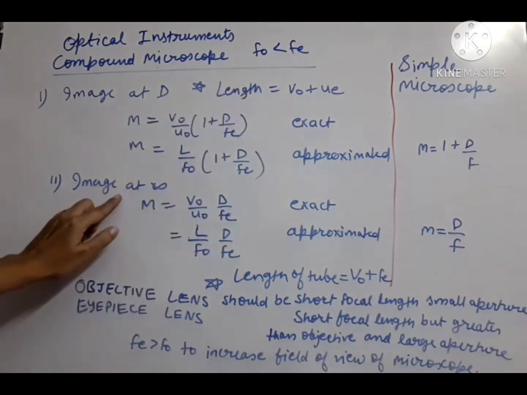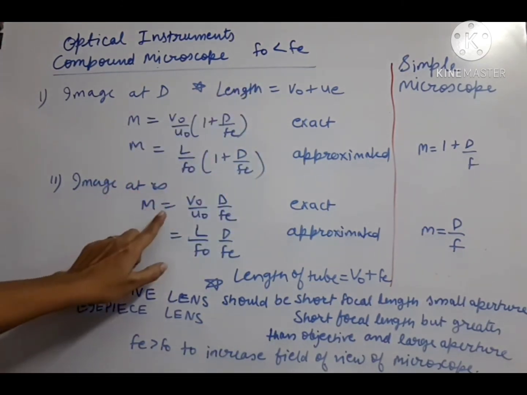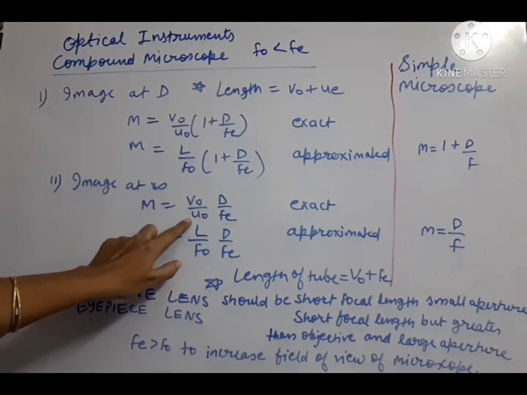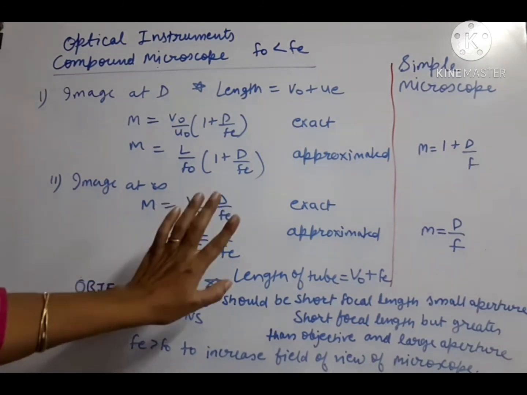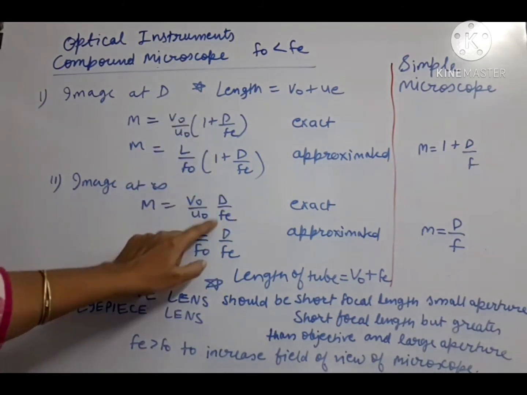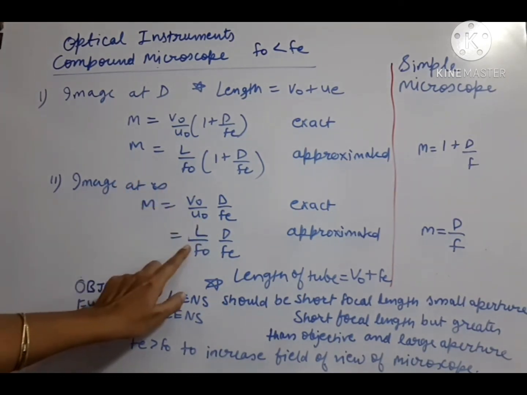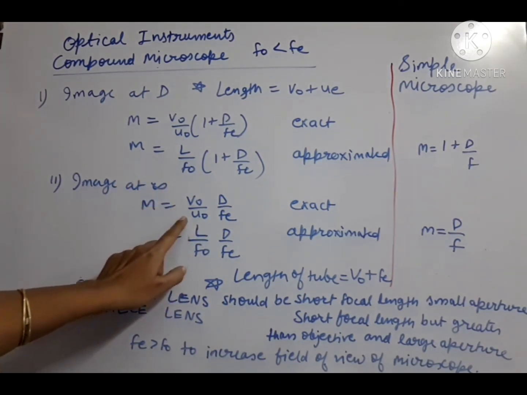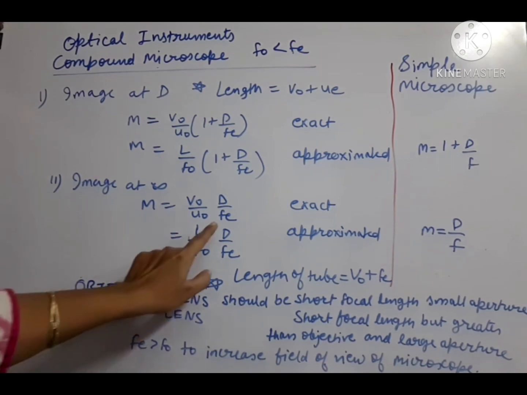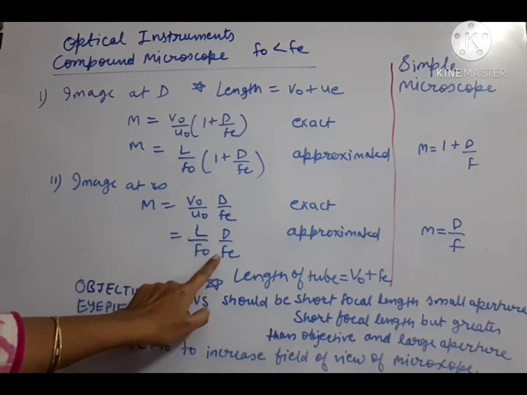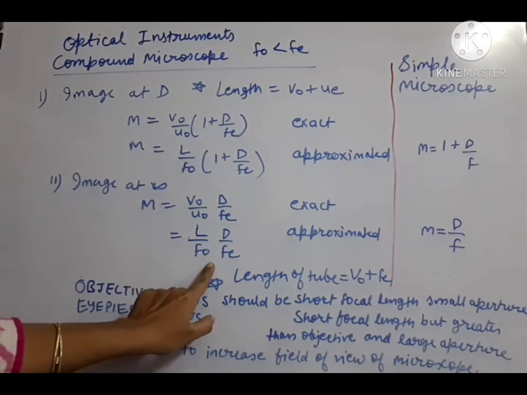Okay, now image at infinite case, exact formula आया था VO upon UO D upon FE only, 1 plus नहीं आएगा, यहाँ सिर्फ D upon FE आएगा, और approximated formula चाहिए तो VO upon UO को लिखना है L upon FO, ये सेम रहेगा D upon FE. So this way we have listed down the formulas.